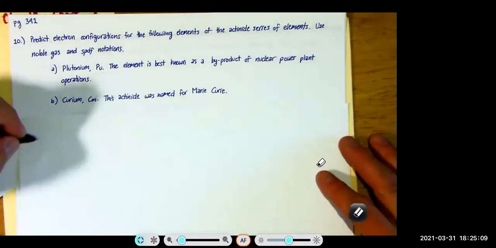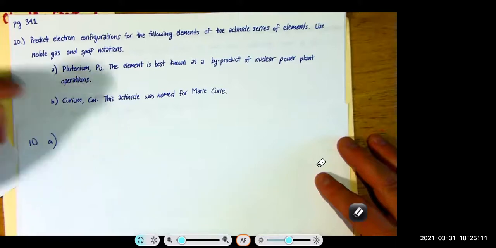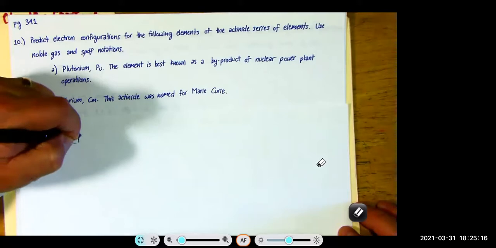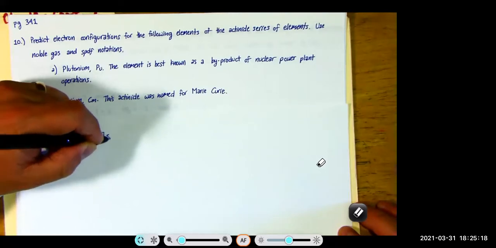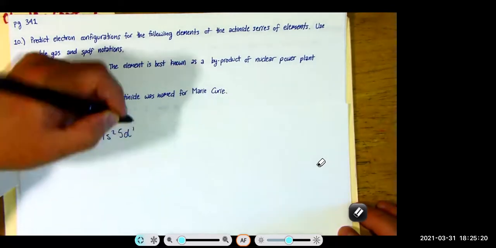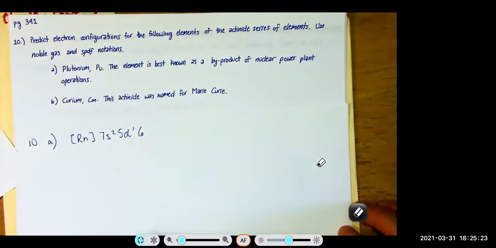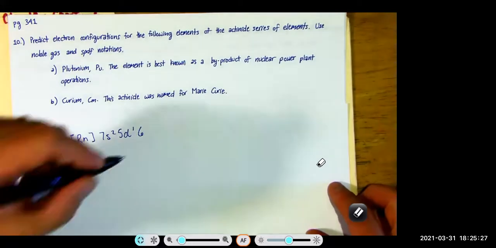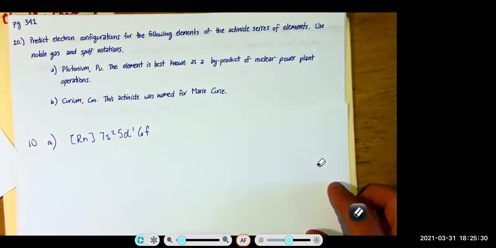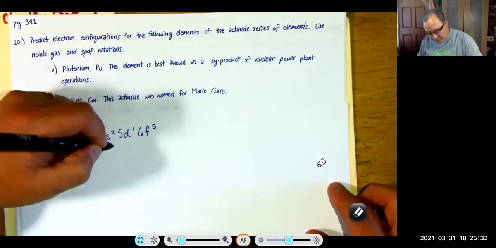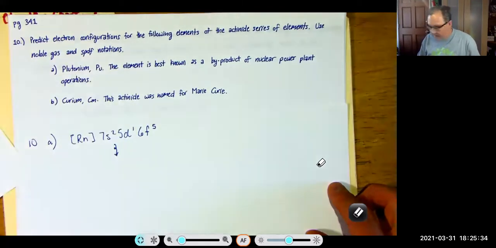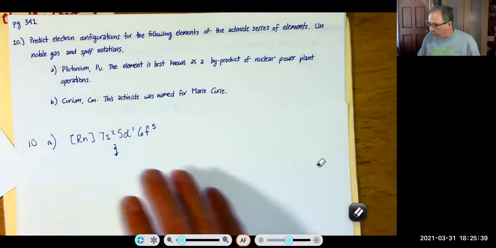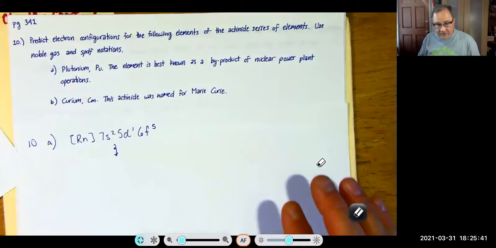So radon, maybe 7s2, 5d1, 6d5. 6 what? 6f5. Yes. And then what are you going to do here? 5d1, 6f5, 7s2. But I think this is pretty good except for one issue.